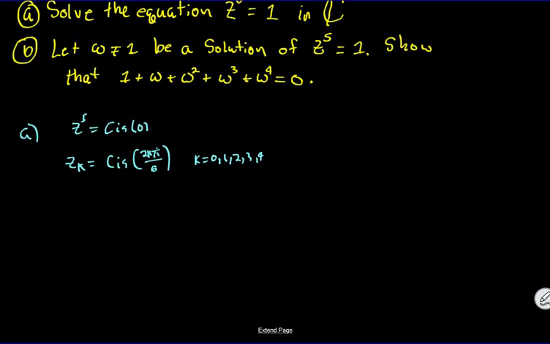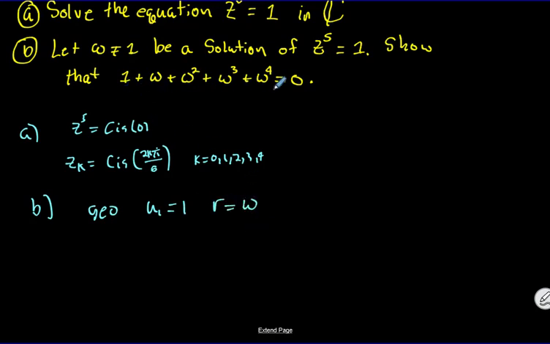Now next, B, we want to show that, well, omega not equal to 1 be a solution. So omega is a solution, but just not the one where it's 1. Show that when we sum up 1 plus omega plus omega squared plus omega cubed plus omega to the fourth, we get 0. If you notice, this is a geometric sequence. It's got a first term of 1 and a common ratio of omega, right?